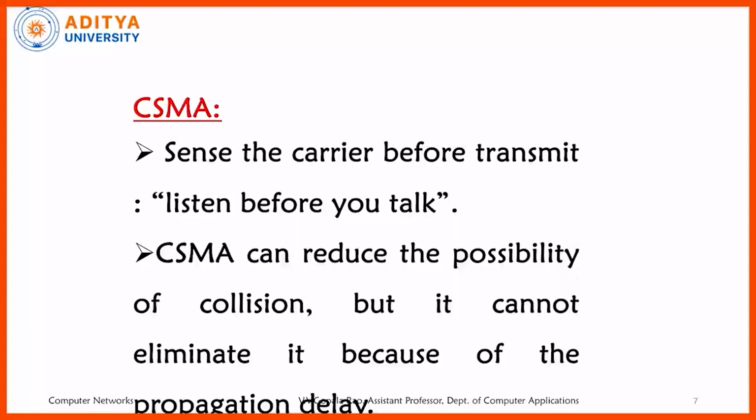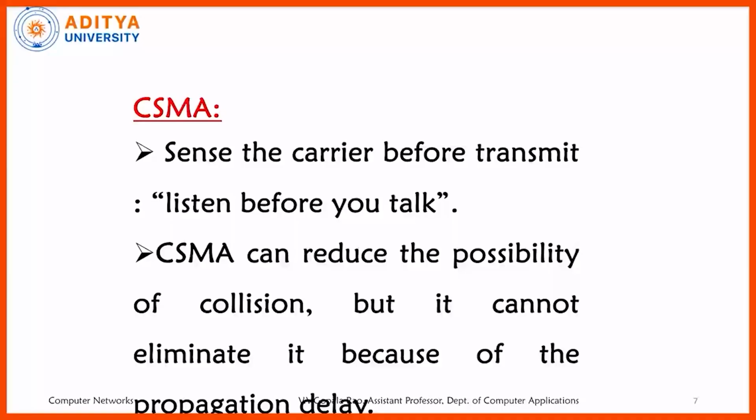Before transmitting any information, every station has to sense the channel, that is, see whether the channel is idle or busy. That activity we call sensing. In CSMA, every station is supposed to sense the channel before actually transmitting, which is why the protocol is referred to as carrier sense multiple access.